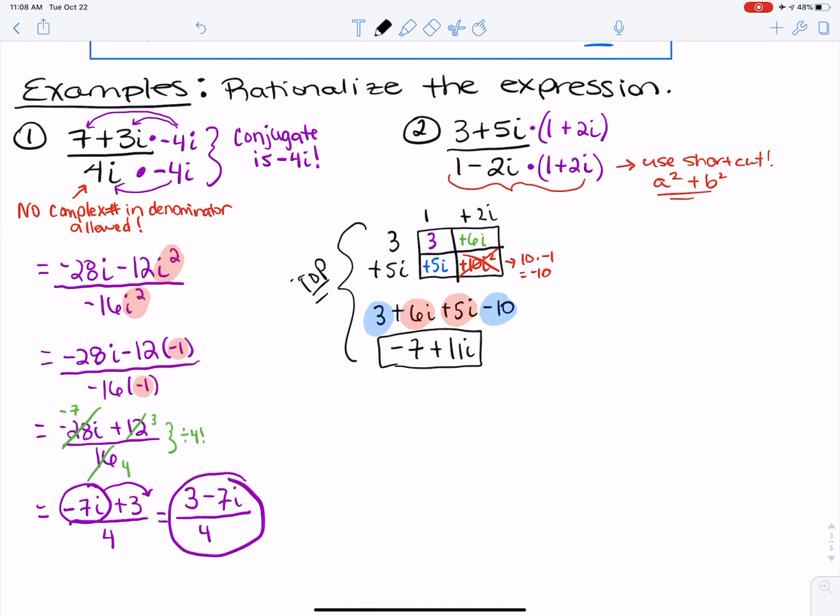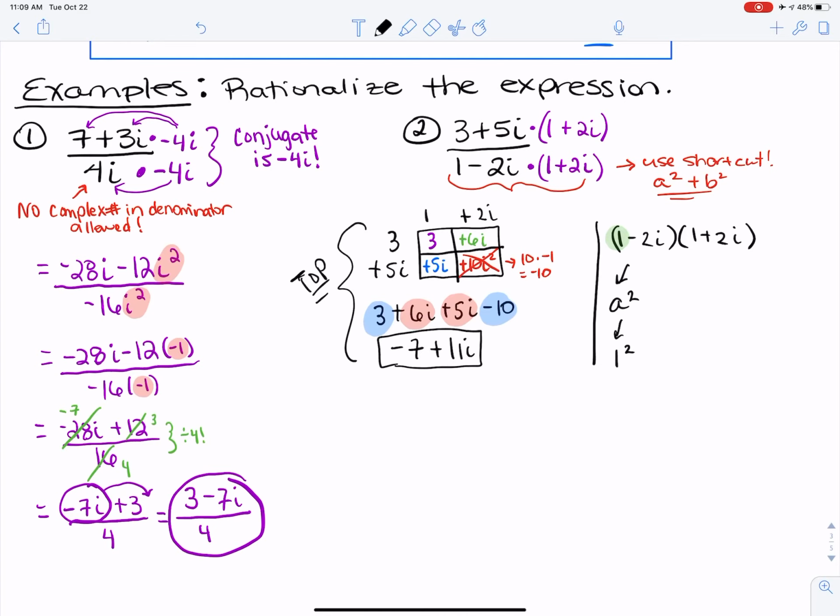Top is just a shorter word to write. And now we want the bottom. So the bottom part of this is 1 minus 2i times 1 plus 2i. You can do the box again. It's going to get you the same answer, but I'm just going to do the shortcut. So my shortcut is a squared, and my a squared, let's use different colors. A squared is 1, which is 1 squared.